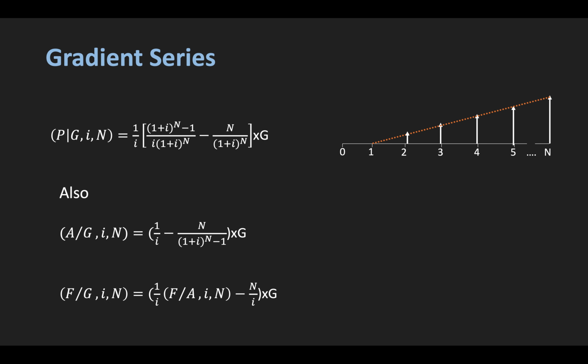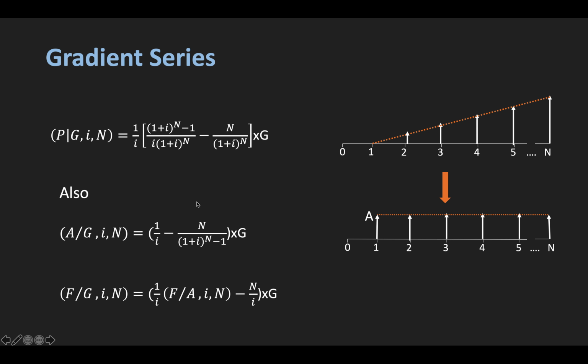In this case, for a gradient cash flow, we already have these functions to calculate. So if we know G, the increase from each period, and we know I, the interest rate, and N, we can calculate these, right?